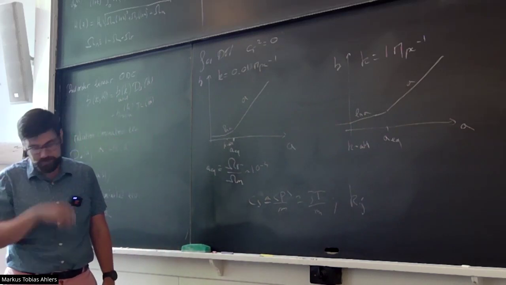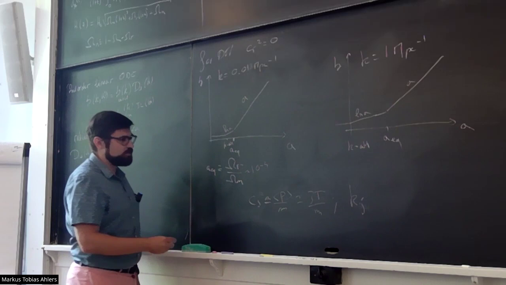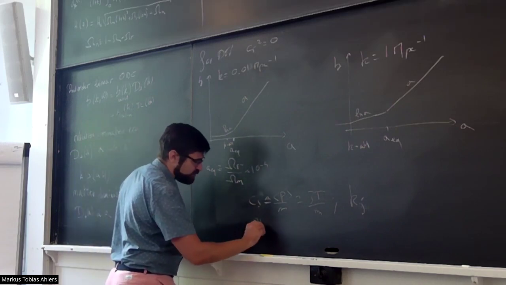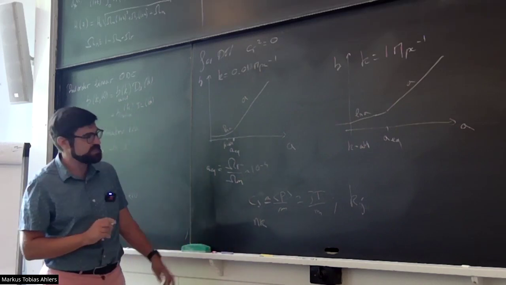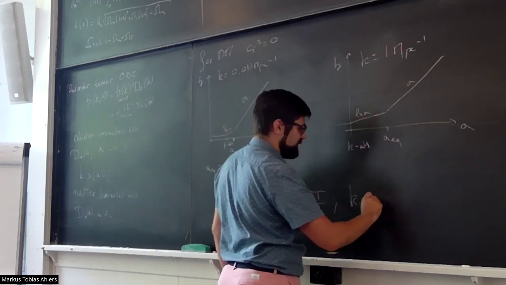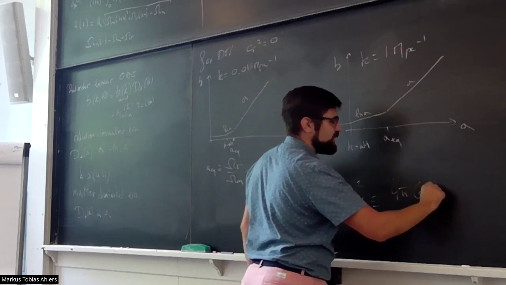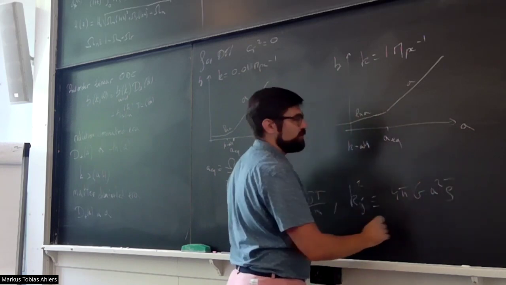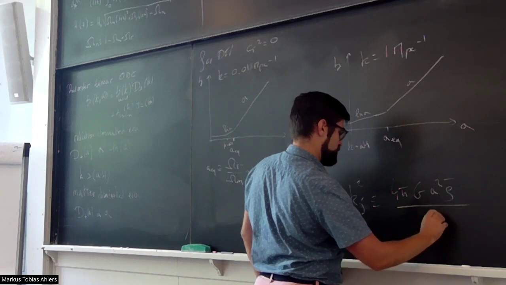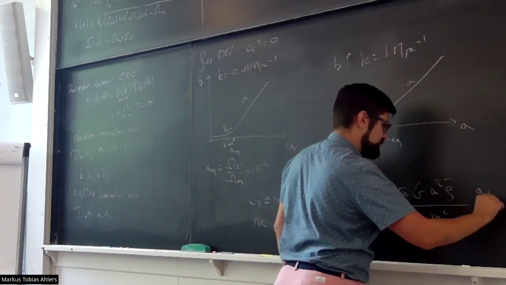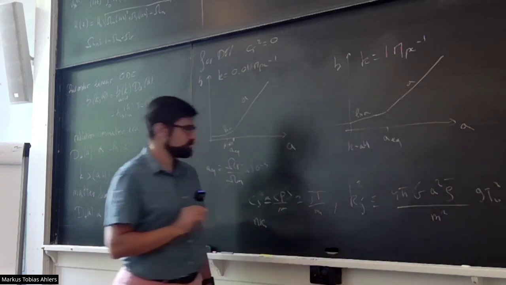And there's going to be a very important scale, which is the scale of the non-relativistic transition, which is precisely, if we write it down explicitly for the neutrinos, we're going to get 4 pi G a squared rho bar over m squared.